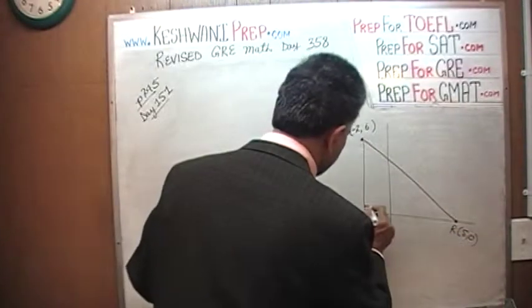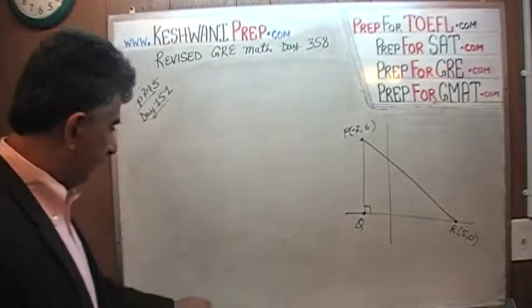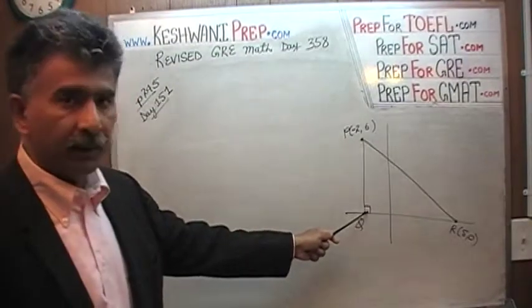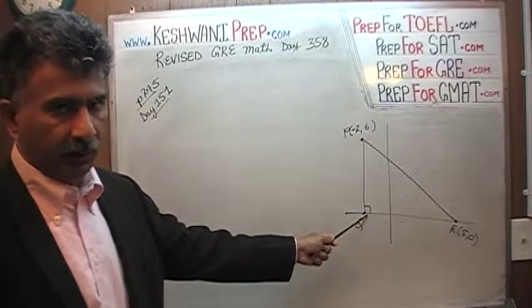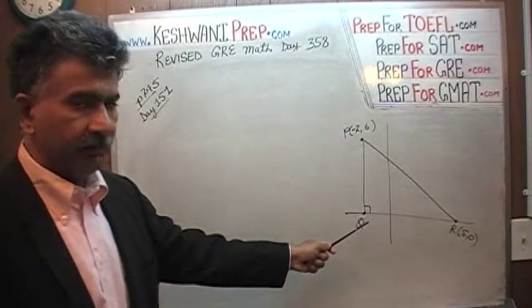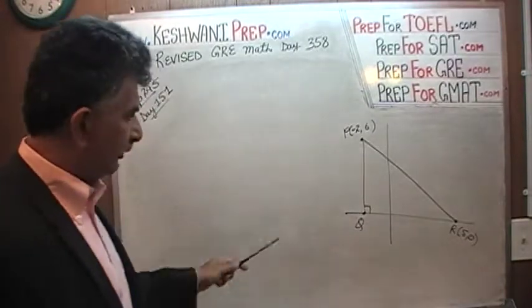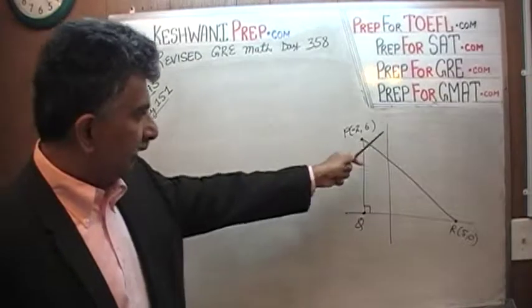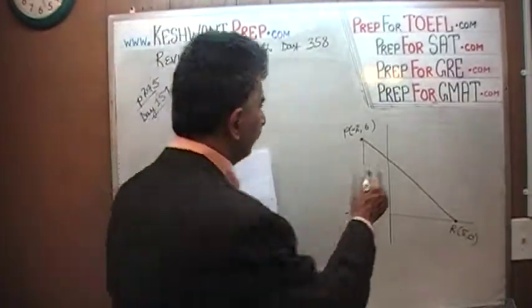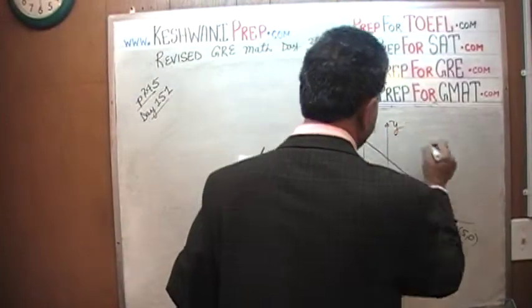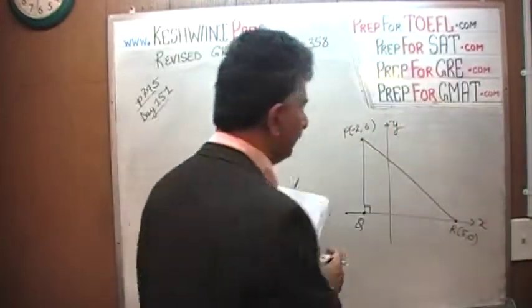And we are also told that it makes a right angle, which is very important. This is the most crucial part. This symbol is the most crucial part in the problem. Otherwise, we cannot answer the questions that are being asked. It is a right angle triangle, which means the line PQ is parallel to y-axis. Line PQ is parallel to y-axis.